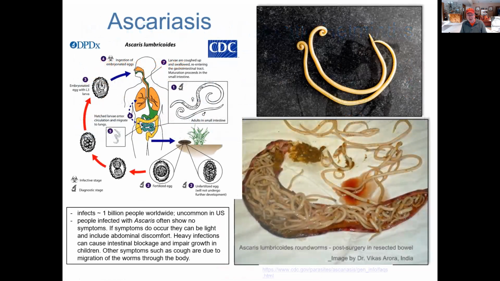And here's one particular roundworm called Ascaris. That's the genus, and it causes ascariasis. That's the disorder. Here's the photograph of 2 adult Ascaris roundworms. These are probably about 10 inches in length, and you can again see where it gets the name roundworm.